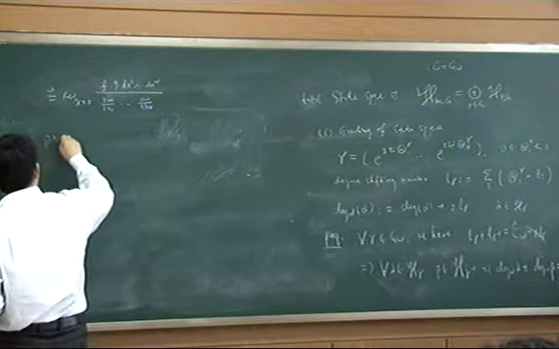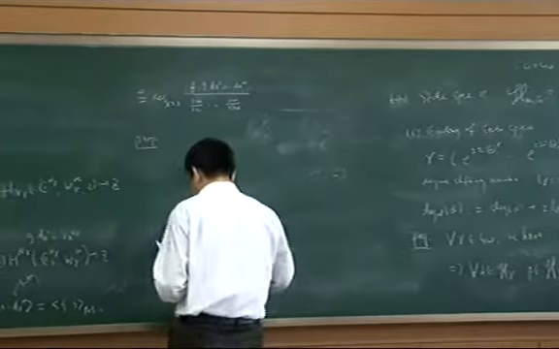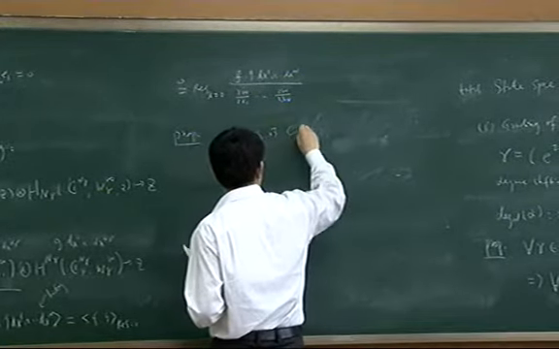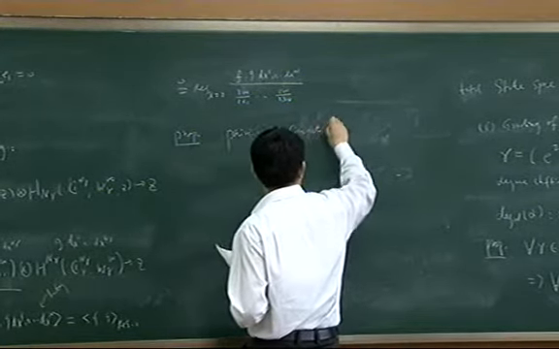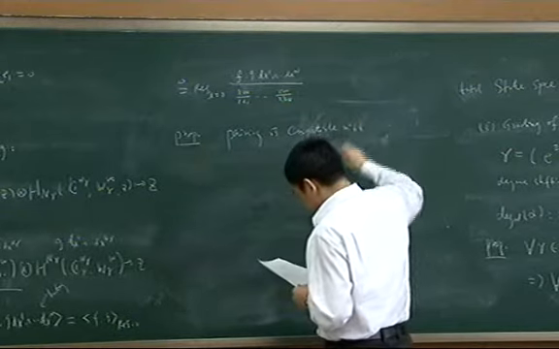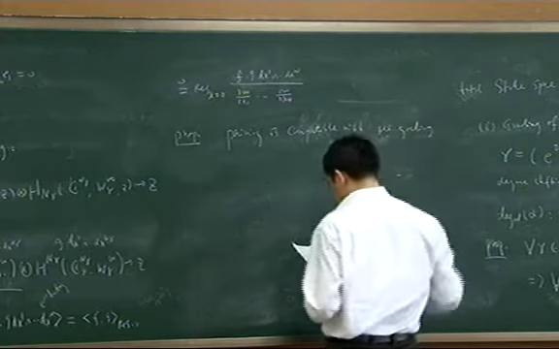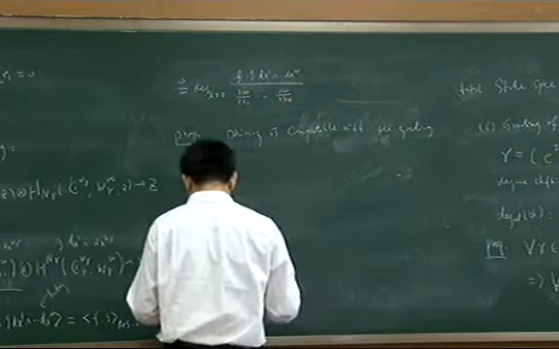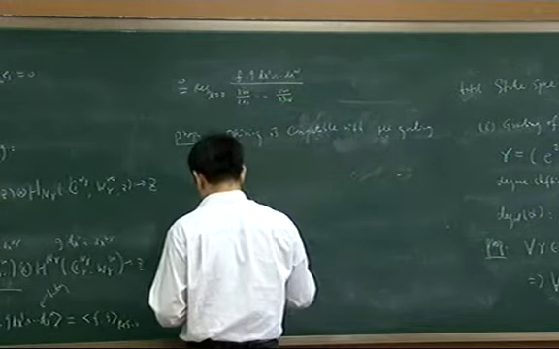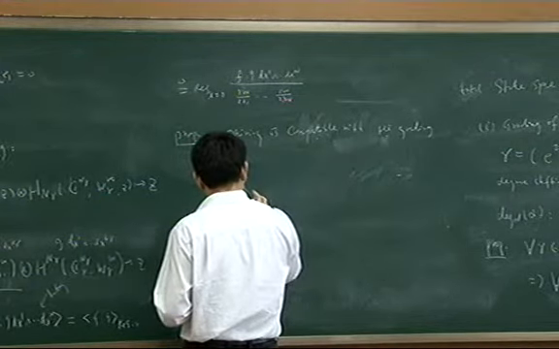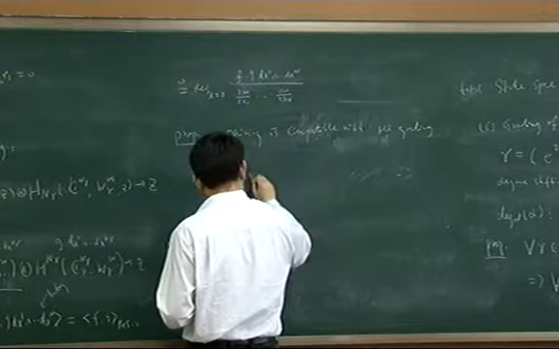So another proposition is the pairing is compatible with the gradient. What does this mean? This means the pairing does not vanish only for this case.